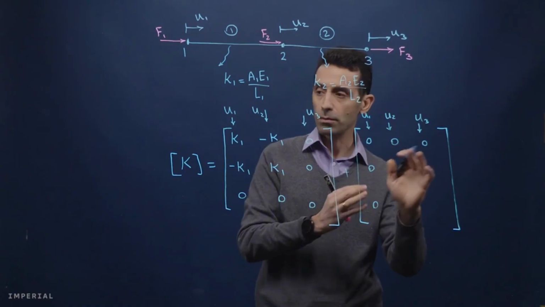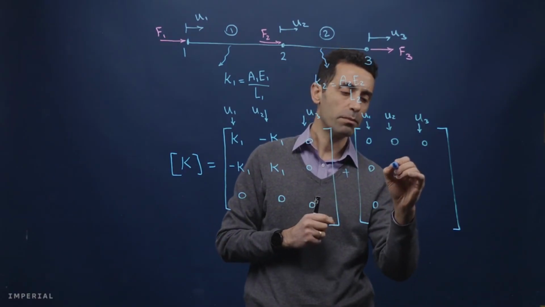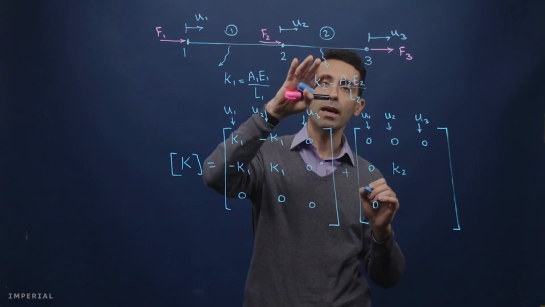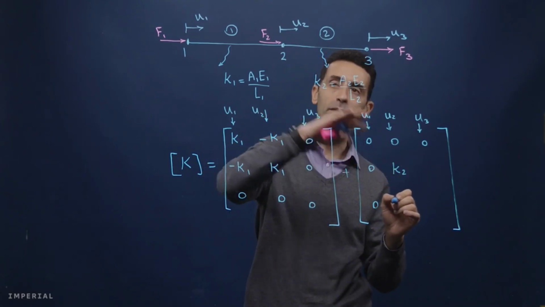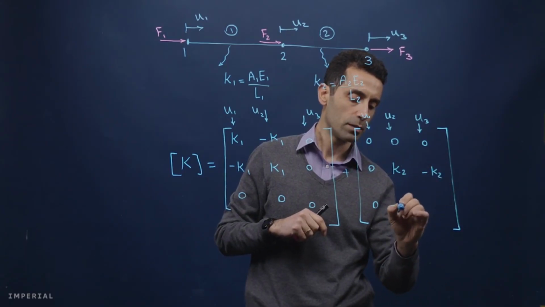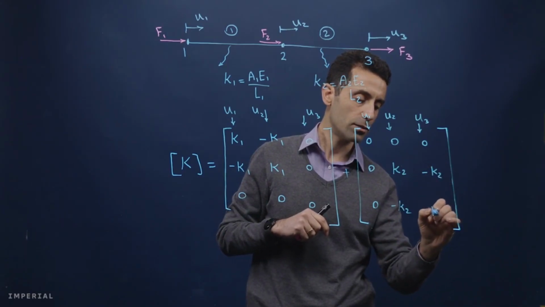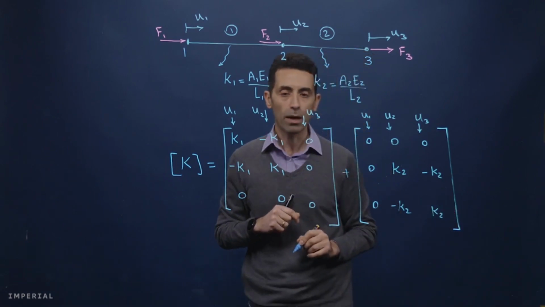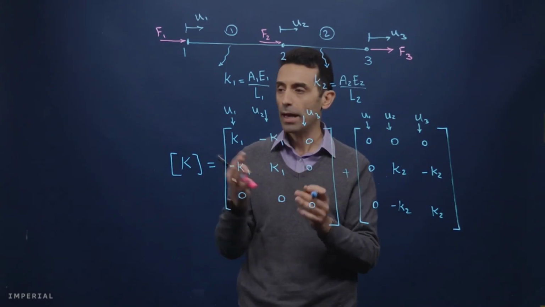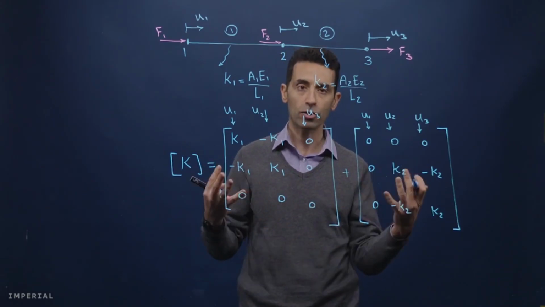And this part of the matrix will be occupied by the element stiffness matrix, so that will be stiffness of element number 2. And this is K2.